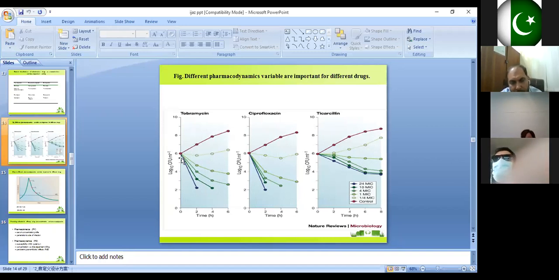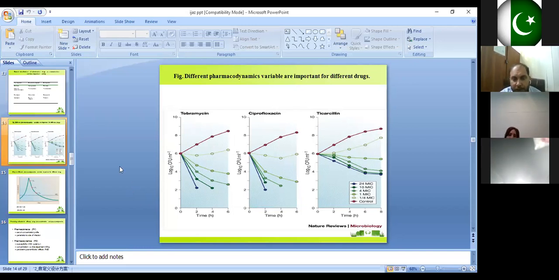After that, if the concentration is increased, in the case of concentration dependent drugs there is no growth after 2 hours, and bacterial killing is more, as with tobramycin and ciprofloxacin. While ticarcillin is time dependent, you can see the post antibiotic effect is absent, so again the bacterial growth continues.